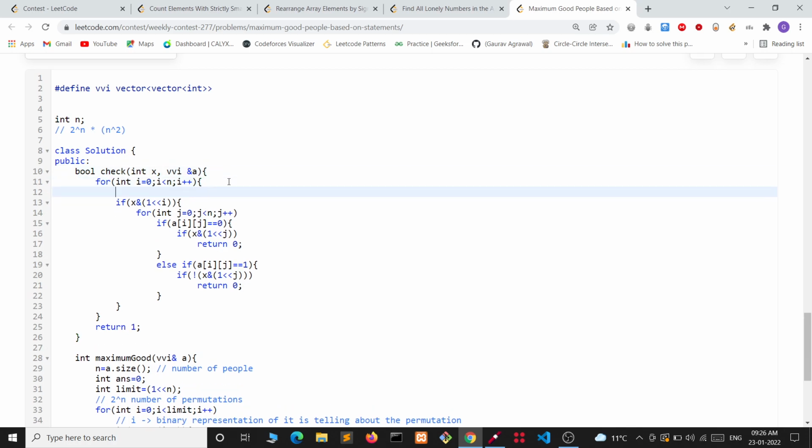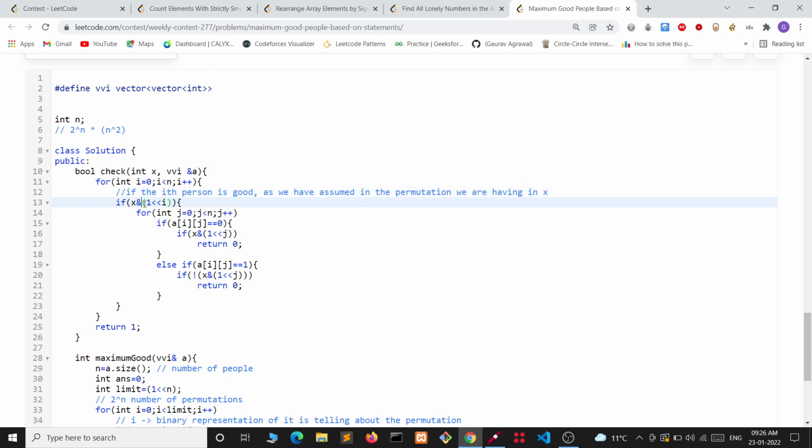Now we will only care about someone who is saying something, who we assume to be a good person. If the ith person is good, as we have assumed in the permutation we are having in x.